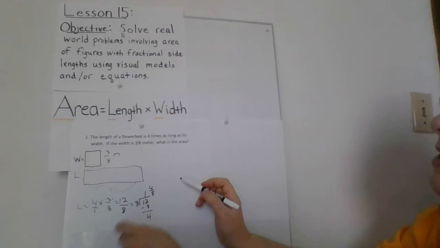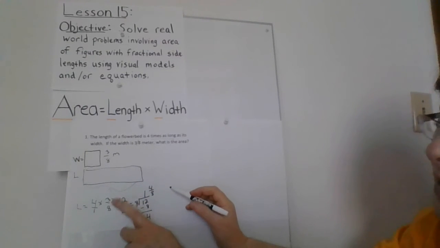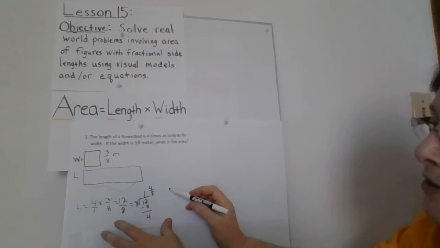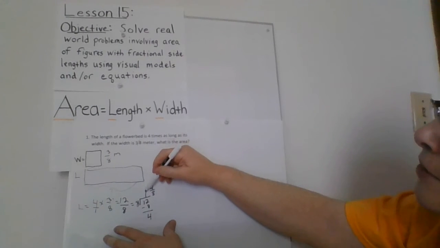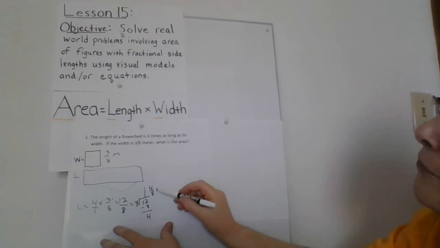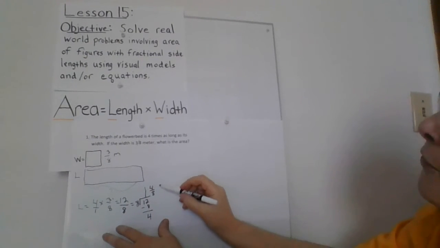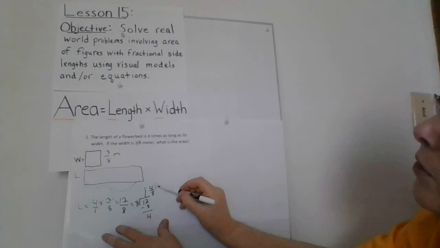Now 1 and 4/8, the 4 and the 8 I recognize are both even numbers. So whenever you have a mixed number, you'll want to always simplify to lowest terms. Now I know that 4 and 8 can both be divisible by 2, but I know 4 fits into both of these, so I'm going to divide both of these by 4.